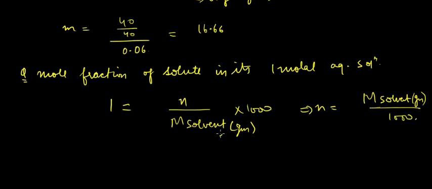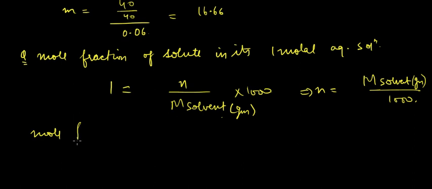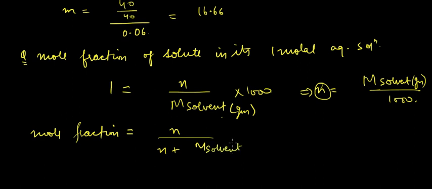Okay, so mole fraction is calculated as moles of solute, which is n here, divided by moles of solution, which is n plus solvent's mole. Solvent is obviously water because it's an aqueous solution, and molar mass of water would be 18.